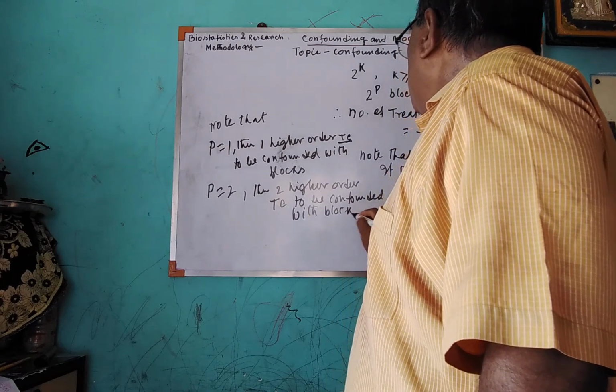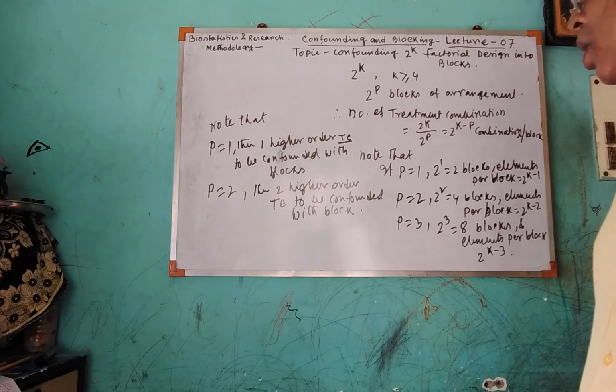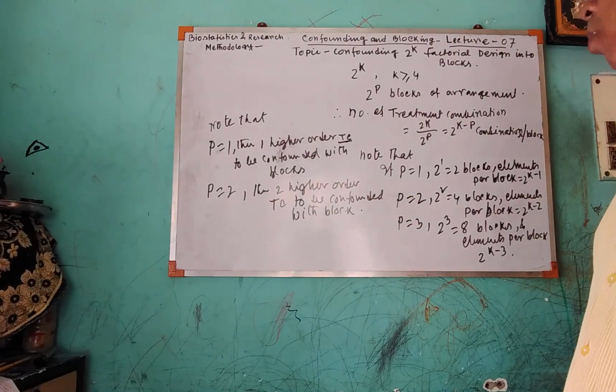Okay, very, very important thing. If p equal to 3, then 3 higher order treatment combinations are to be confounded with blocks.